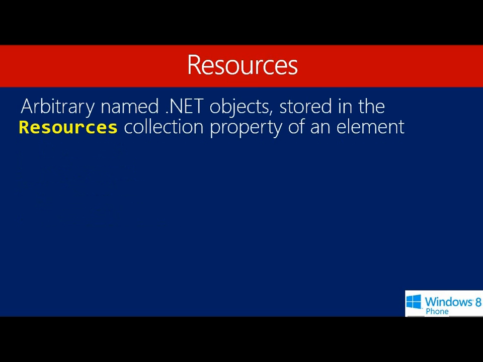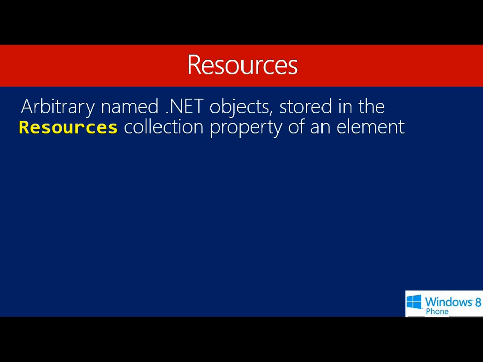So resources are really any kind of .NET objects. They can be any object. They are typically stored in a resources collection, which is actually a dictionary. In particular, it's a resource dictionary type that has whatever object we want with some key.